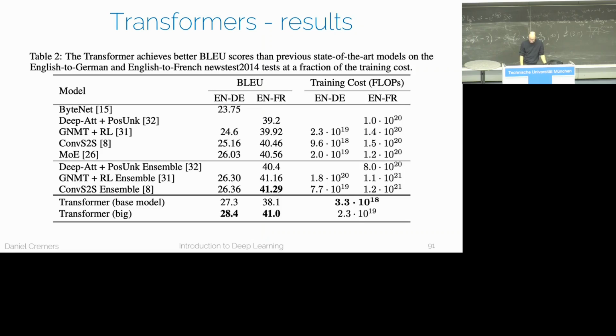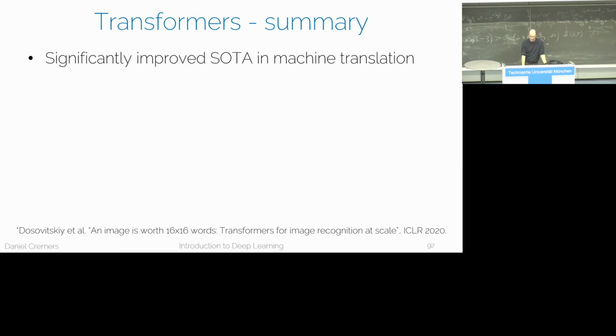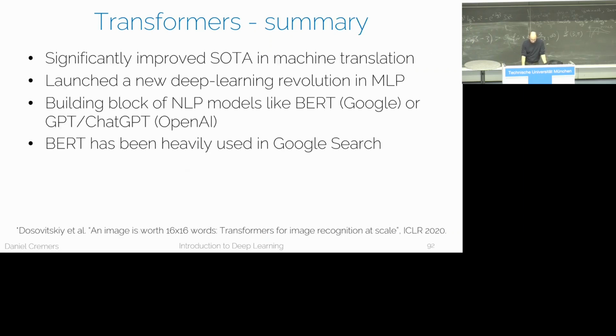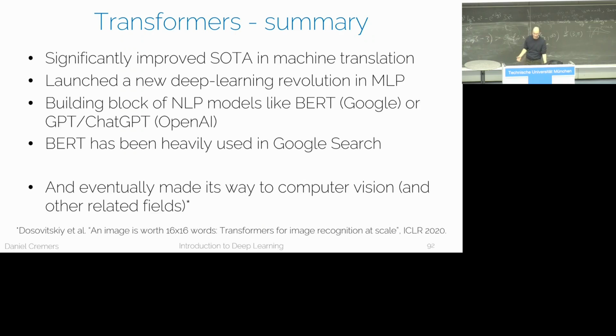And there are now even better approaches than this one, but they're all based on transformers today. And so to summarize, transformers improved the state-of-the-art in machine translation. They launched a new era of deep learning as the core building block of all language models, BERT, GPT, ChatGPT, Llama, whatever. It's all transformer-based, right?